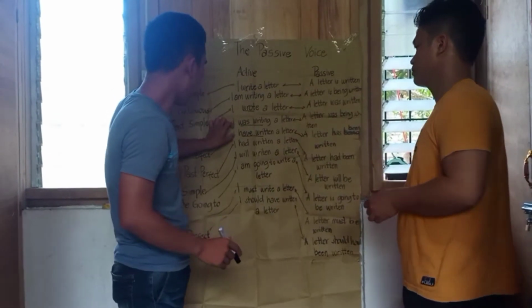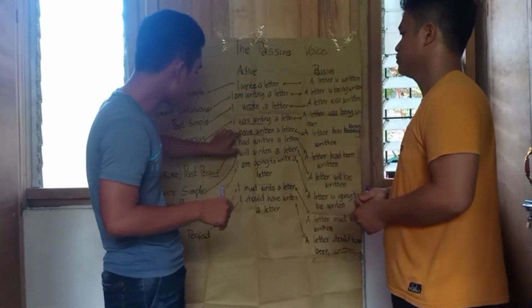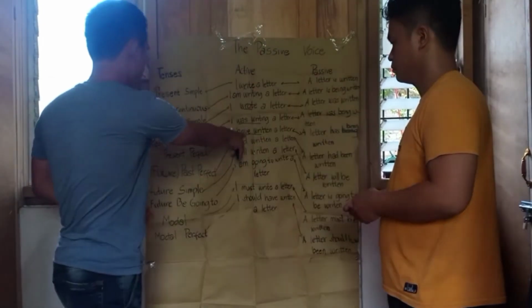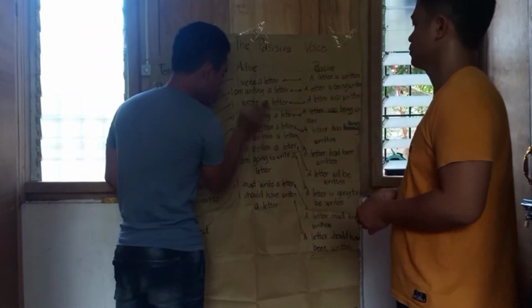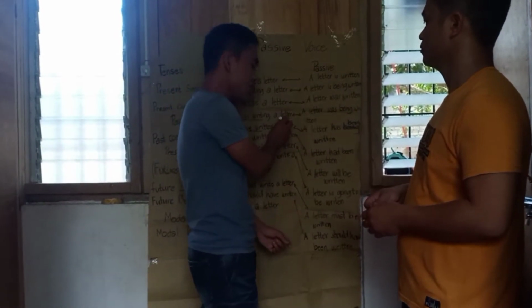So I is, as usual in our formula, our subject. Then our action is have written, which is determined as the present perfect. And as usual, this is our object.